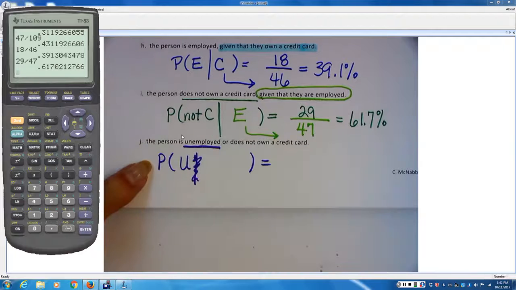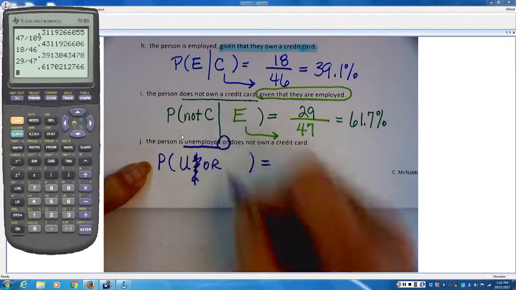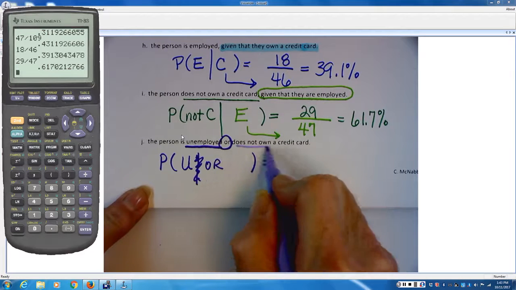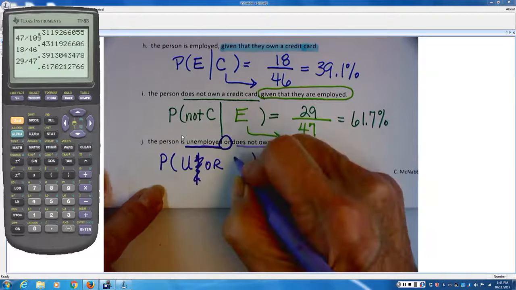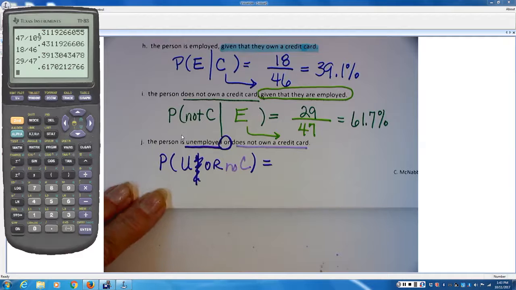Probability they're unemployed or doesn't have a credit card. So unemployed or no card.